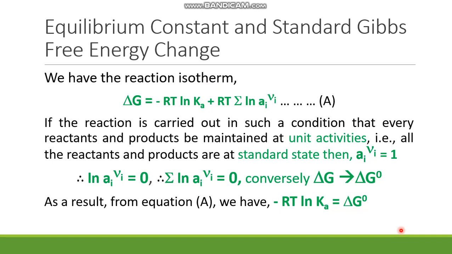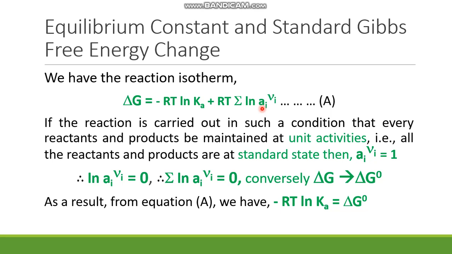If the reaction is carried out in such a condition that every reactant and product is maintained at unit activity, that means these activities should be written as 1 only. That means all the reactants and products are at standard state. Unit activity is the standard state.